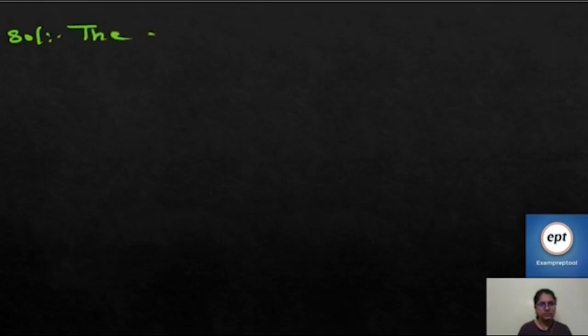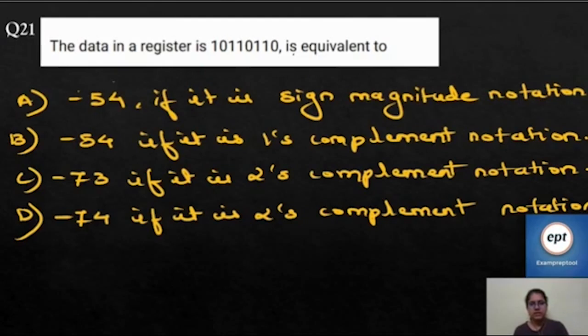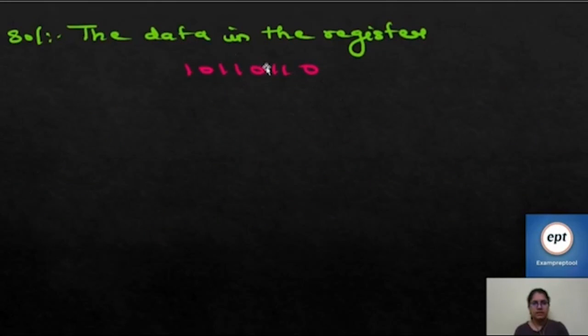So the data in the register, which is given to us, is 1 0 1 1 0 1 1 0. Okay, so this is the data given to us.